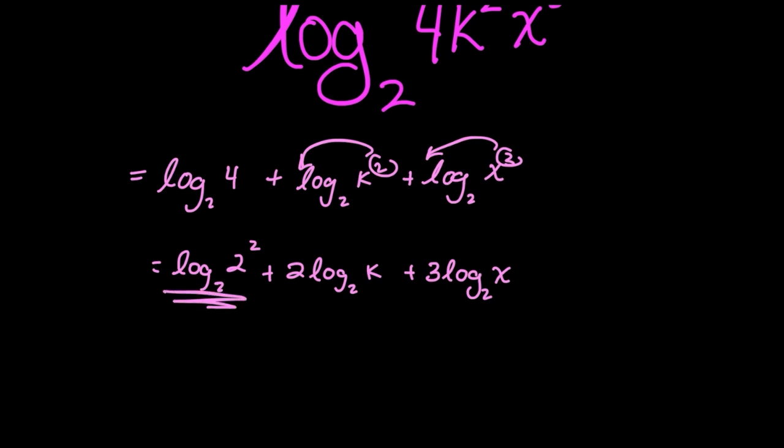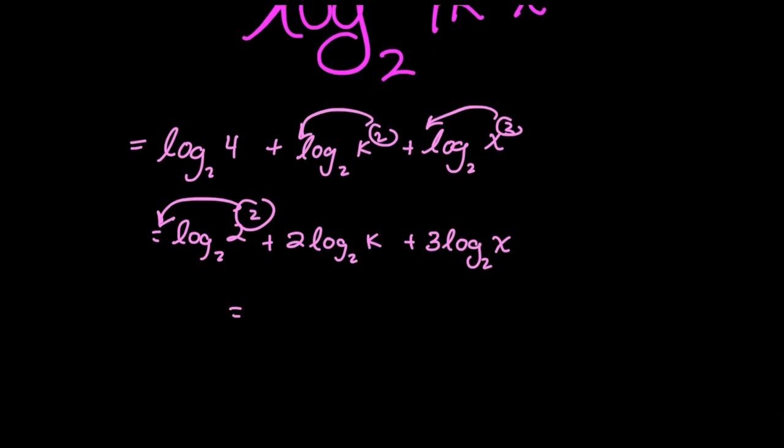Now, because of this little manipulation over here, the fact that I've turned this 4 into 2 squared, I can move the 2 up front. So this 2 goes up in front of the log, but then I'm left with log base 2 of 2. And because what is inside of the log matches the base, I know that simplifies into 1.